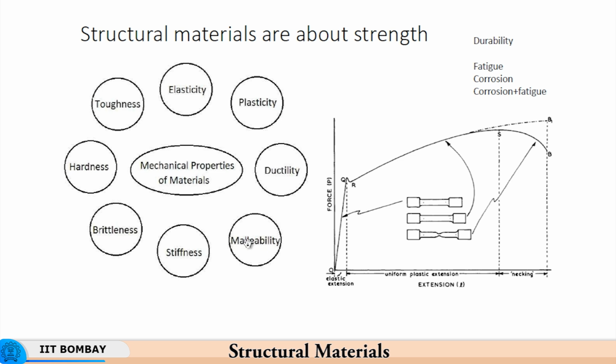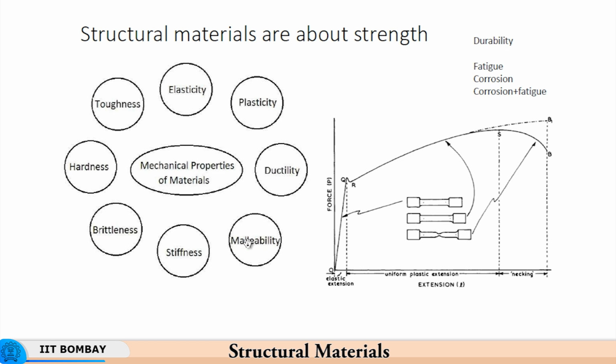Then you have the area under this curve representing the energy consumed by the material. So the elastic energy is consumed, force into displacement, which is essentially energy. So the energy under this curve, in the elastic regime, is the energy absorbed by the material during elastic deformation, and that is called the resilience of the material.